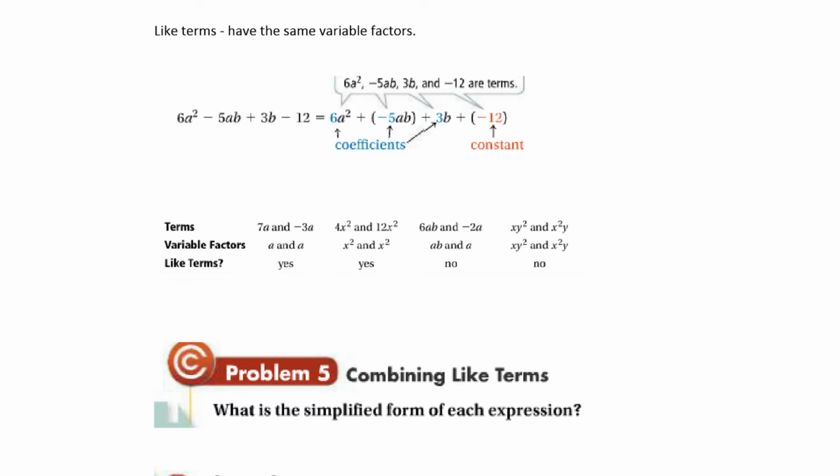If we look here at the expression, we can see that 6a squared, -5ab, 3b, and -12 are all terms. If we look at those terms, we can see that the 6 is the coefficient of a squared, -5 is the coefficient of ab, 3 is the coefficient of b, and -12 is a constant term.